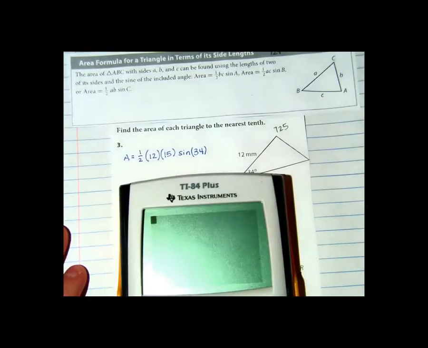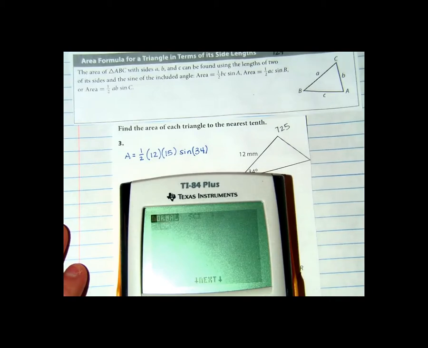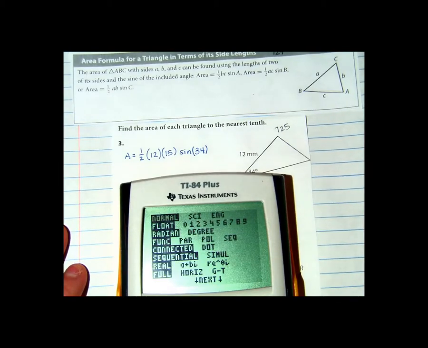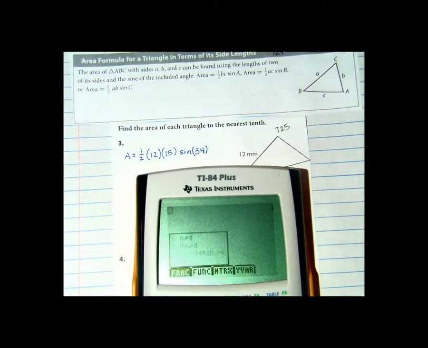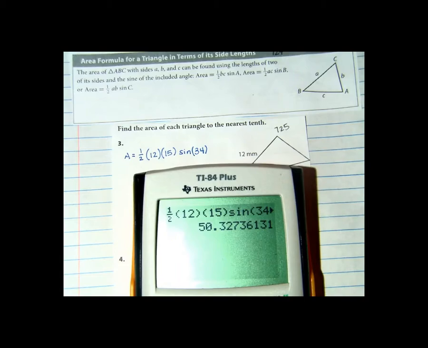Radian is another type of angle measure that we'll talk about in a couple weeks. Okay, and it says round to the nearest tenth.